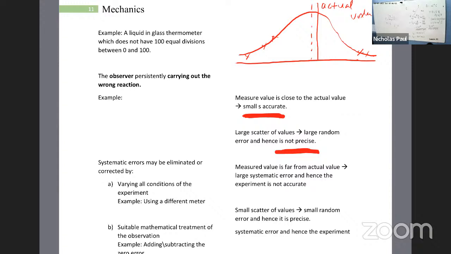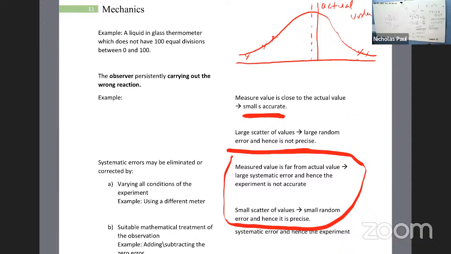How are we going? Could you all draw this one for me here? Could you all catch up to me? Here the measured value is far from the actual value, a large systematic error, so it's not accurate. But there's a small scatter of values, so therefore it's a small random error.